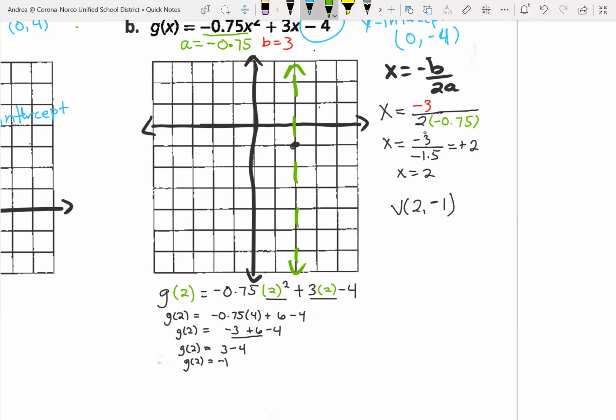And then I'm going to graph the y-intercept. It's at 0 and then -4. So 1, 2, 3, 4. So that's my y-intercept.